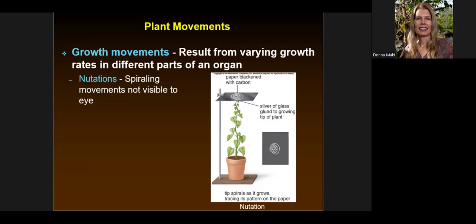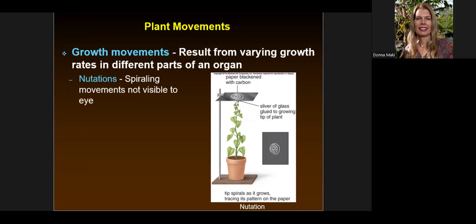This is a very simple experiment where they had carbon powder on paper, and he watched the stem tip trace a circular pattern as it was growing. And now with videography, if you video the plant and then slow it down or speed it up, you can see this action. In fact, I have links to several YouTube videos through this slide set that I'd like you to watch in your study time, because it really does very nicely help you see what we're talking about here.